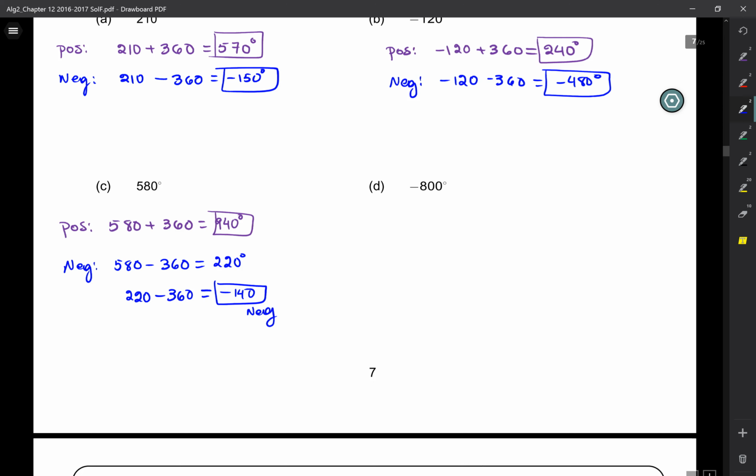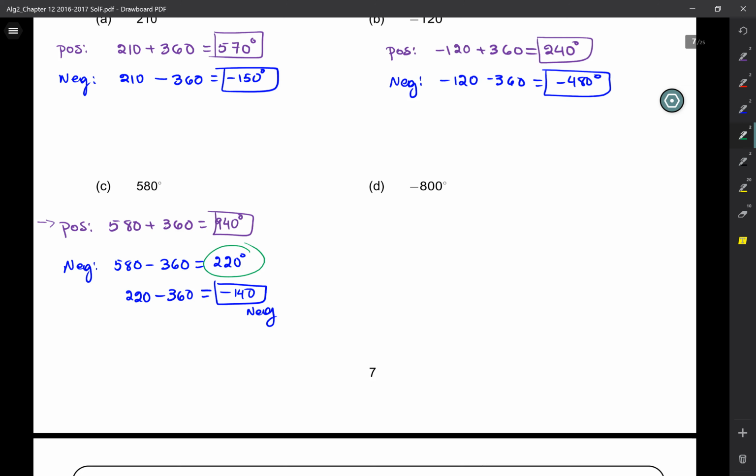Now, could I have completely skipped the first part in the purple and just done the one in the blue? Because look at the 220. What is that? That's also a positive coterminal angle.